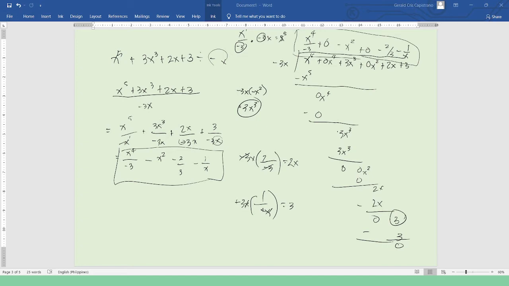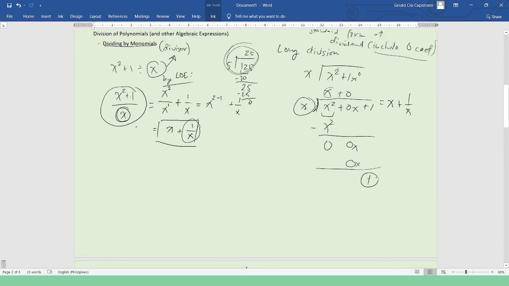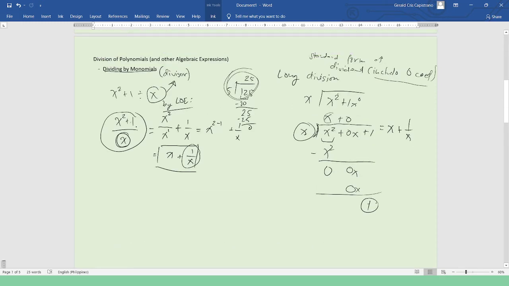Okay, so when we talk about divisions of polynomial, yun yung pinaka-basic. So, ayan lang. Mind you, when we talk about divisions of polynomial, yan na yung usual nating ginagawa. Okay? Pero minsan, when it comes to dividing by monomials, mas madali pa yung gamitin mo na lang tong by LOE, yung loss of exponents kaysa gagamit ka ng long division.